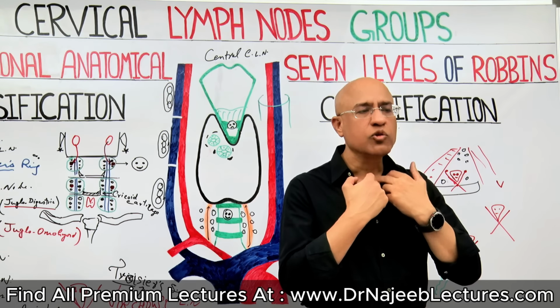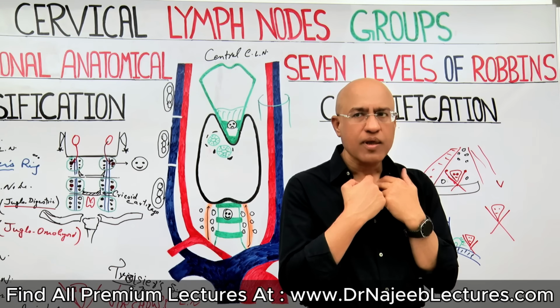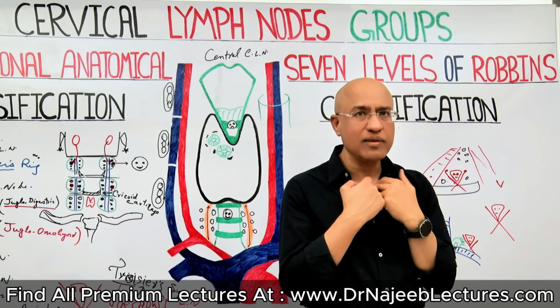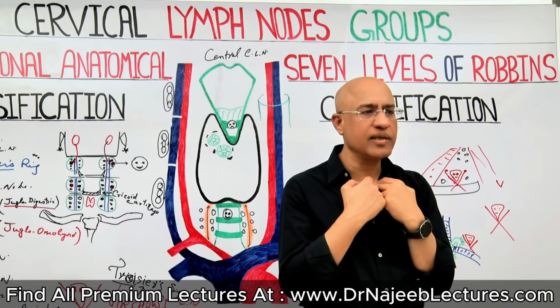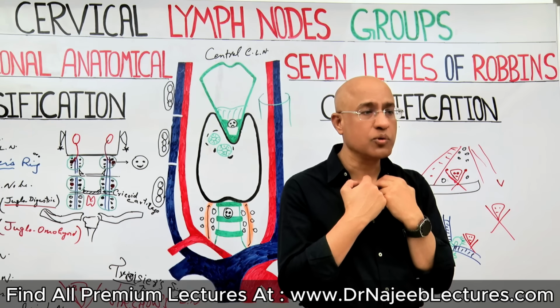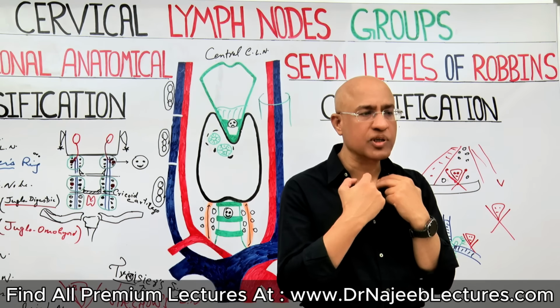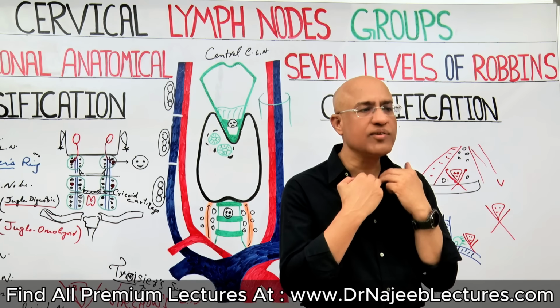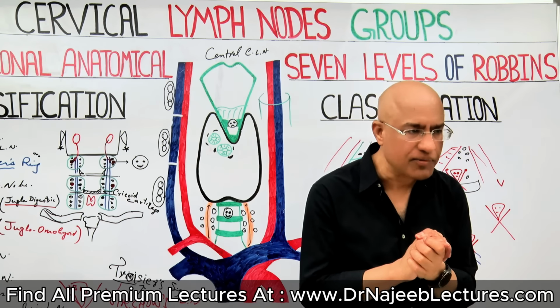So these superior mediastinal lymph nodes, yes, there are large vessels there, and there is the trachea also. So around the trachea and large vessels, especially the arch of aorta, the lymph nodes are called superior mediastinal lymph nodes.